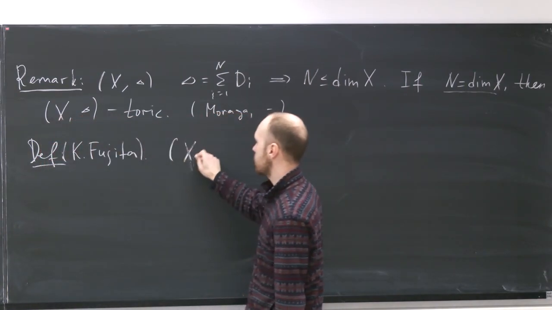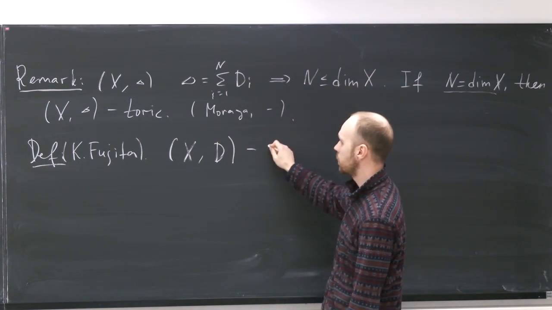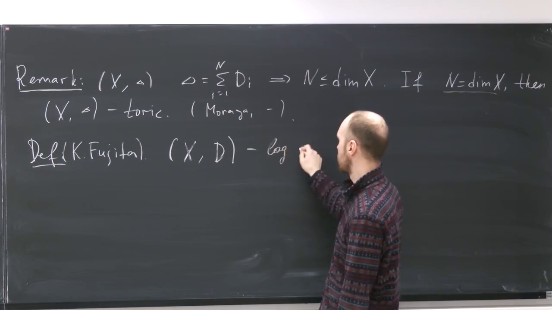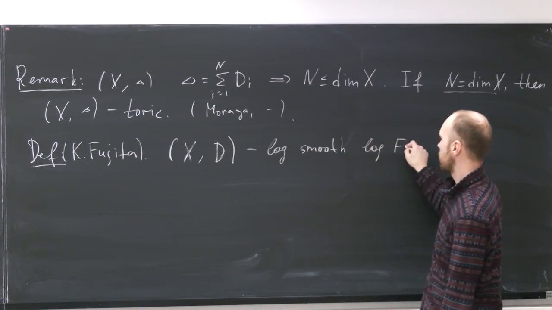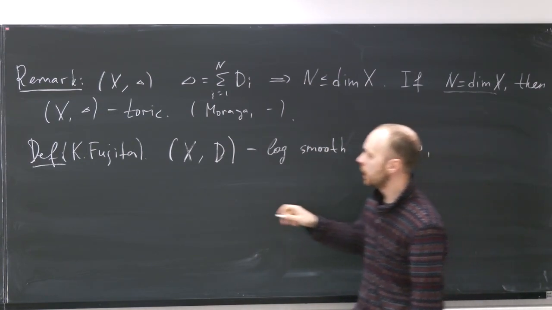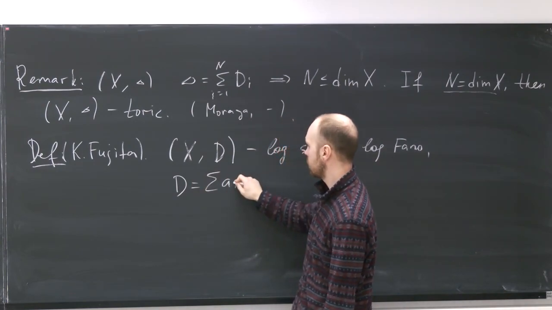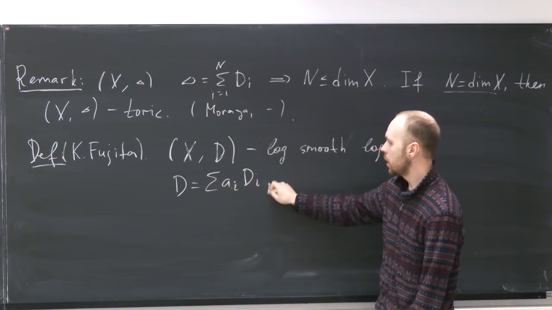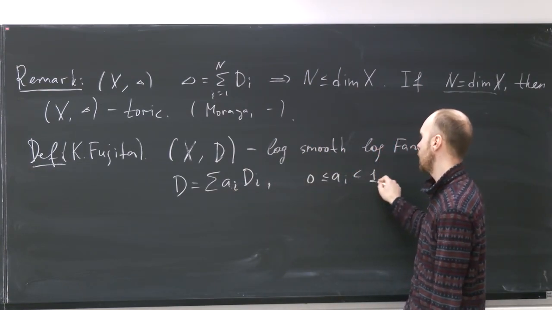So consider a pair (X, D) such that this pair is log-smooth and log-Fano. But now D may have arbitrary coefficients between 0 and 1.